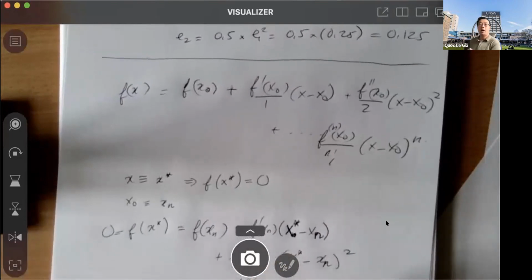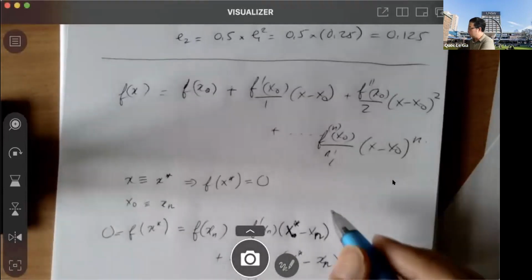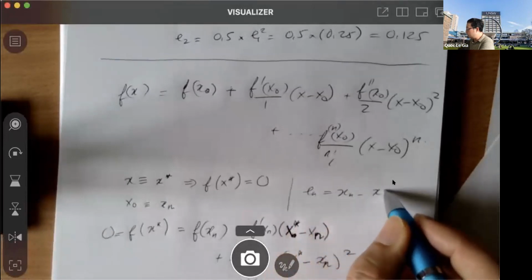But remember how we defined e_n. If you remember before, in the theorem, we defined e_n to be x_n minus x star.